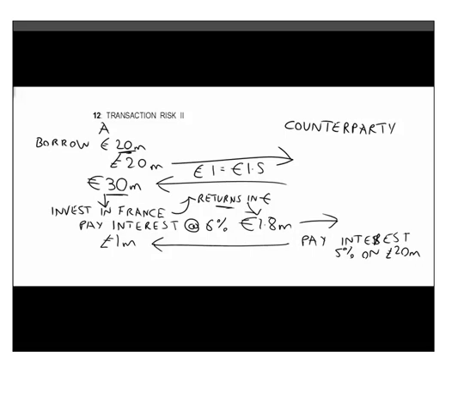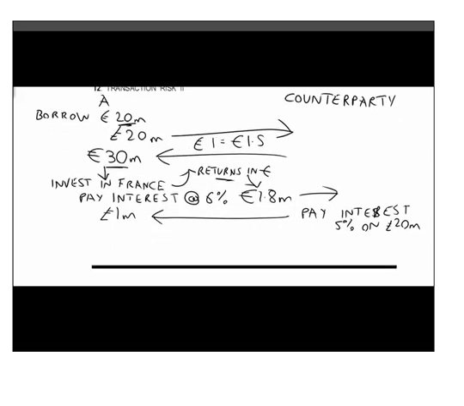What they're going to do with that £1 million is they are going to use it to pay the bank the interest that they owe on the original £20 million debt. So the bank's happy, they get their sterling interest on the sterling debt. And A is able to use their French earnings to pay the 1.8 million euros a year to their counterparty.